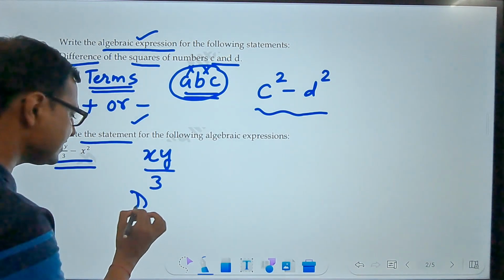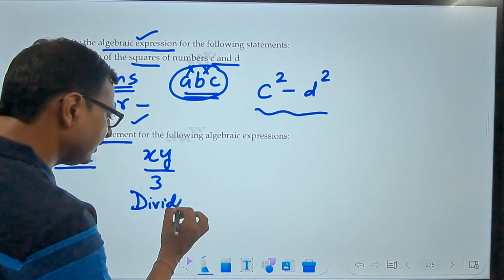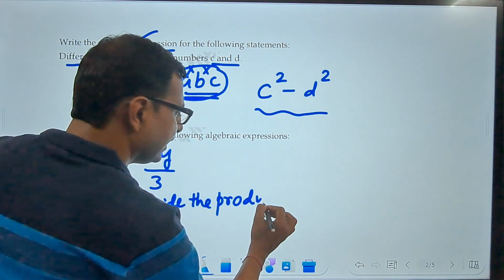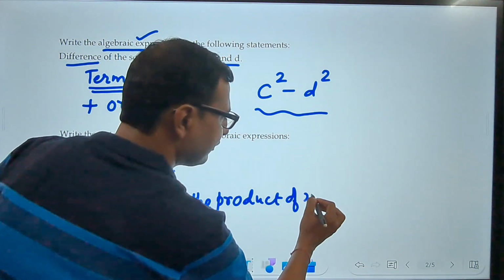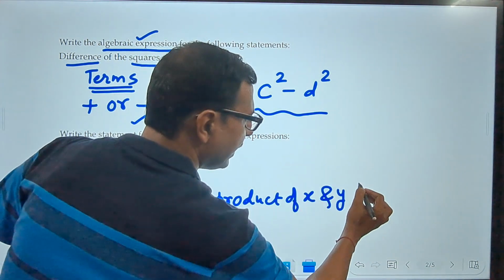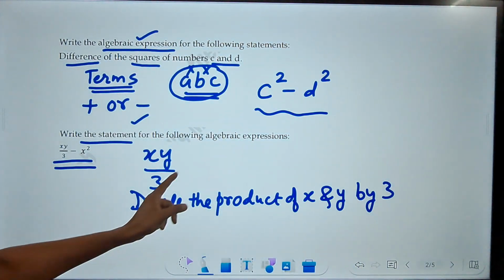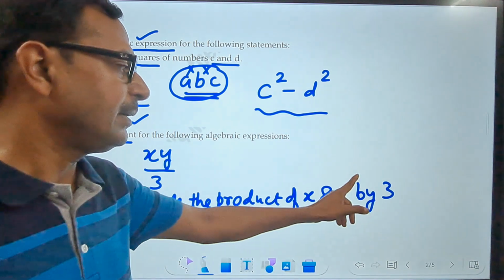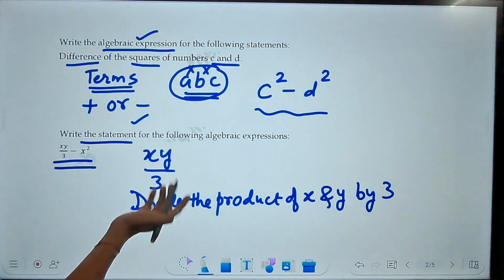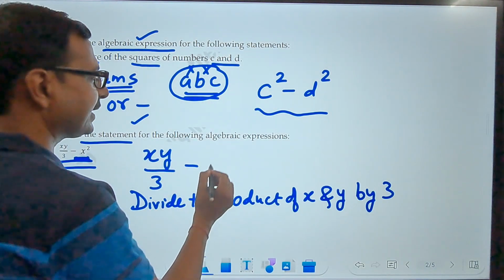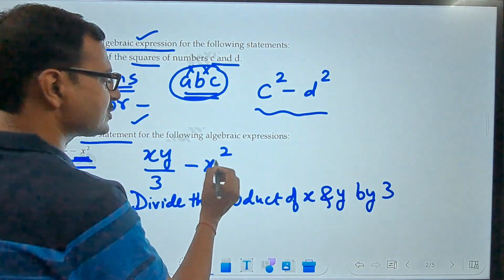We can write it as: divide the product of x and y by 3. This is xy by 3. And what are we doing after that? We are subtracting the square of x from that.